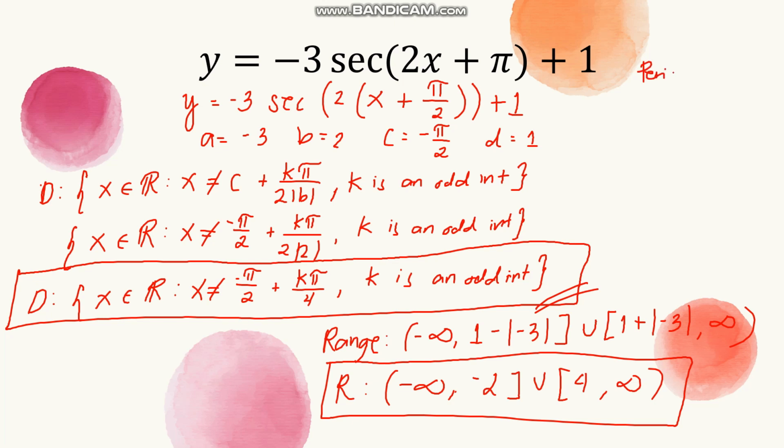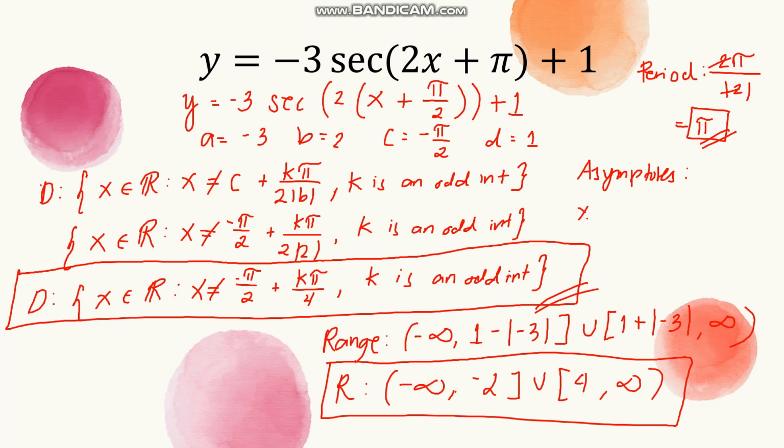For the period, it's 2 pi over absolute value of b. Our b is 2, so absolute value of 2. If we simplify this, the 2s will cancel, so we will just have pi as the period of this given function. And lastly, for our asymptotes, you can again just get the restricted values in our domain.